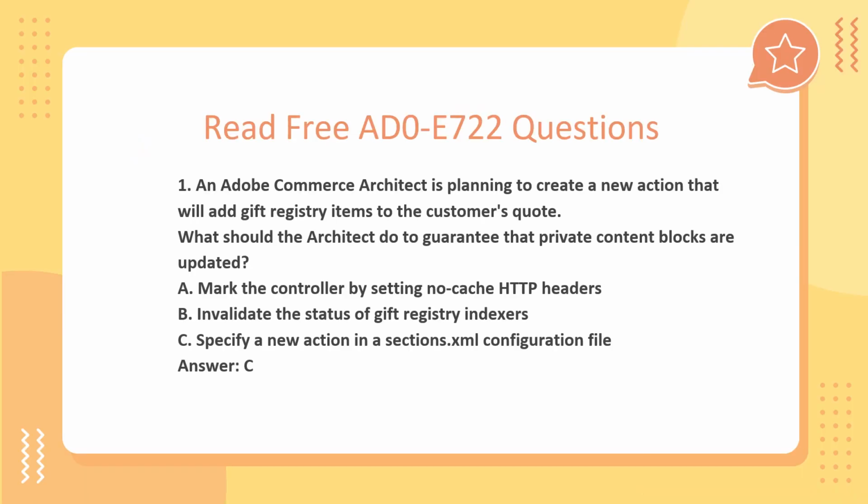1. An Adobe Commerce Architect is planning to create a new action that will add gift registry items to the customer's quote. What should the architect do to guarantee that private content blocks are updated? A. Mark the controller by setting no cache HTTP headers.